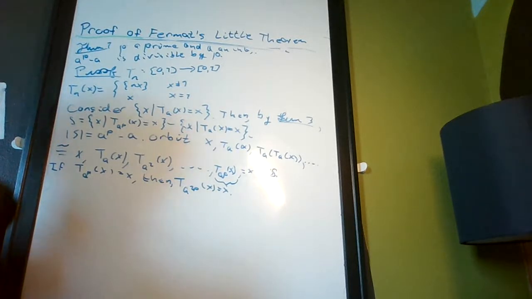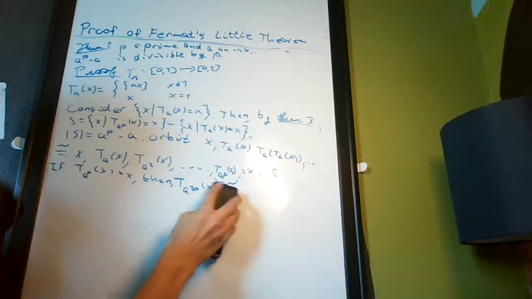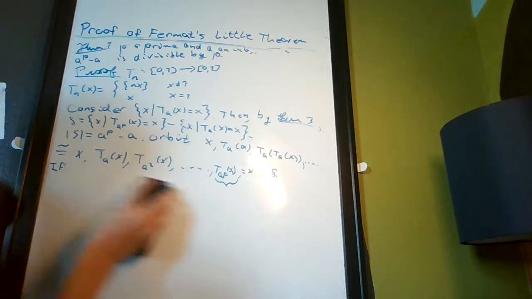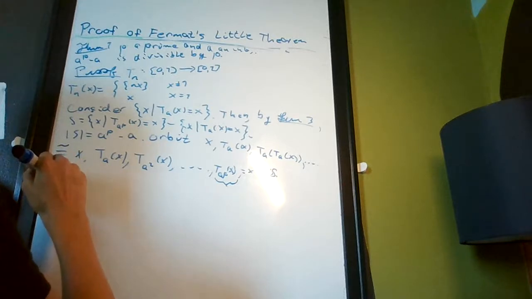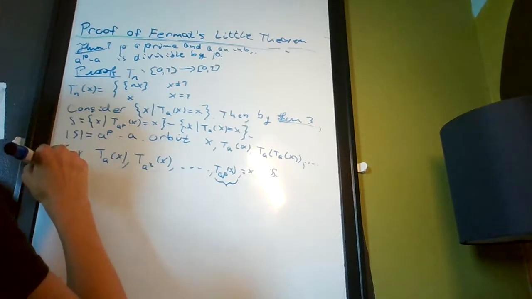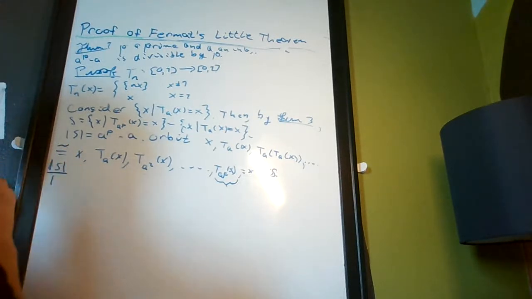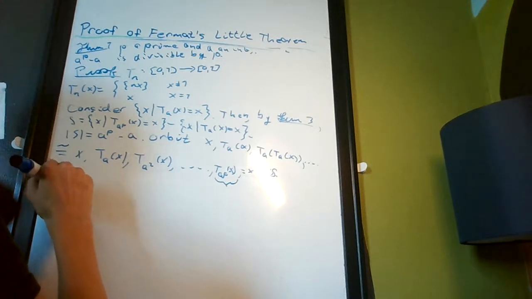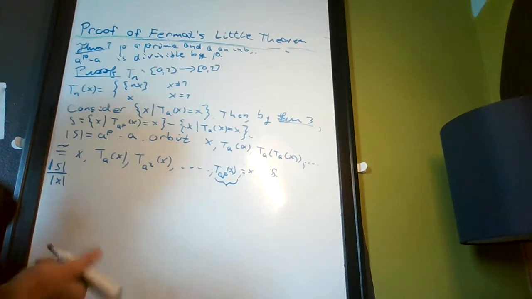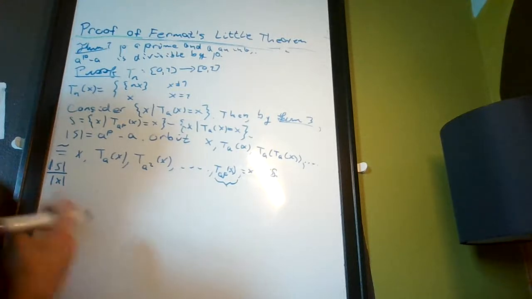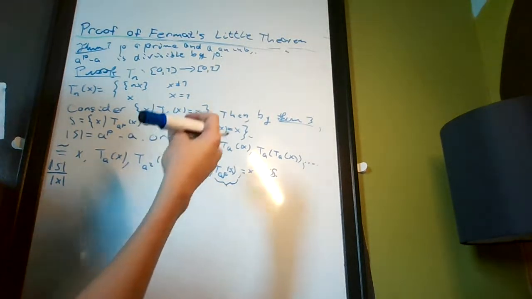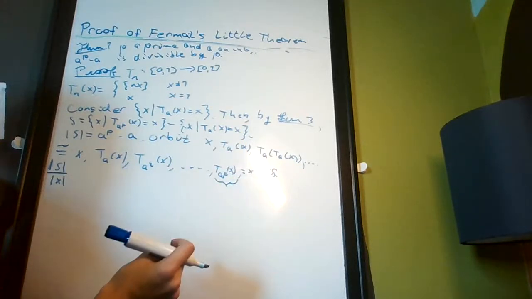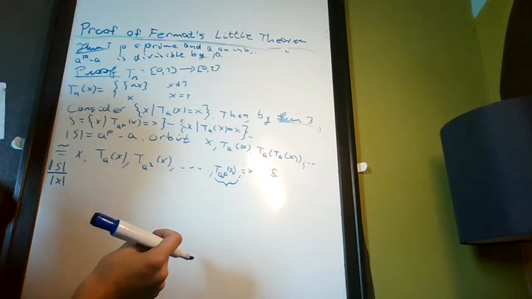And basically what it says is that the order of S must be divisible by the order of the elements of x, which are all, as we discussed, p.